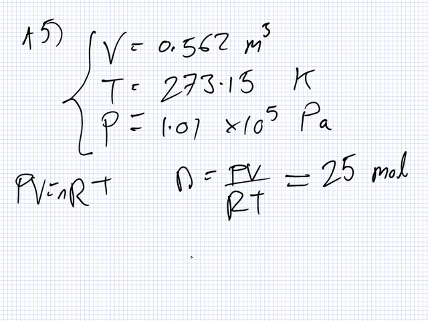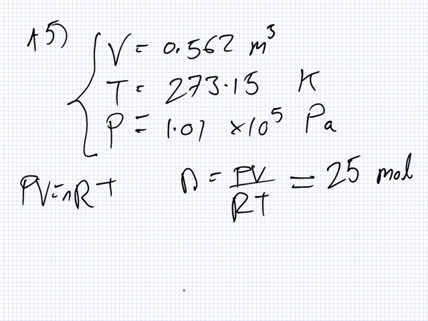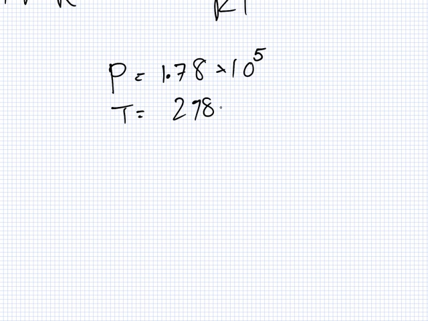Is that okay? So now in the next half of the story, P now equals 1.78 times 10 to the 5, and T now equals 273.15 plus 25.5, 298. I'm not finished.